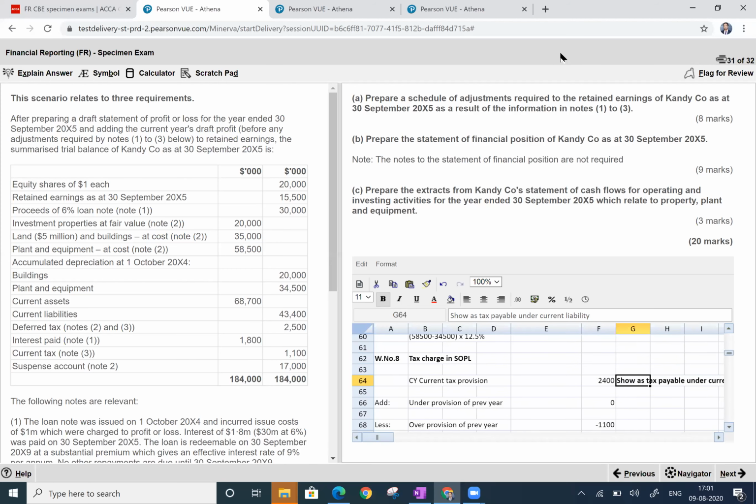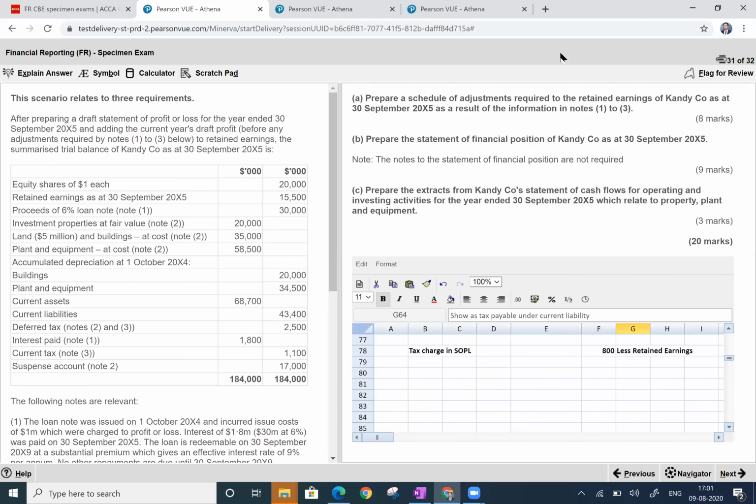quickly prepare answer A. Answer A. Schedule of adjustments required.